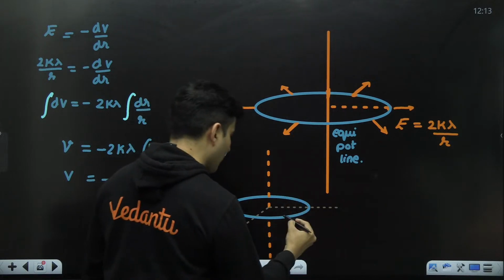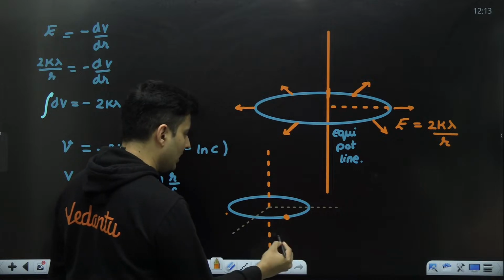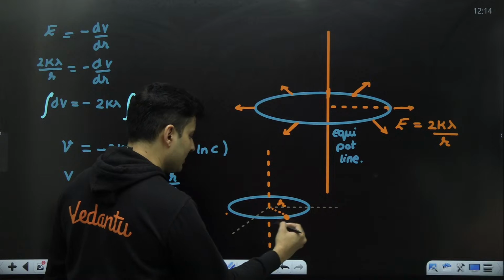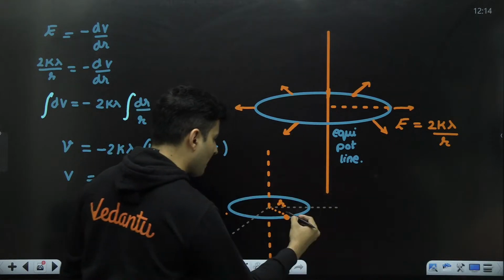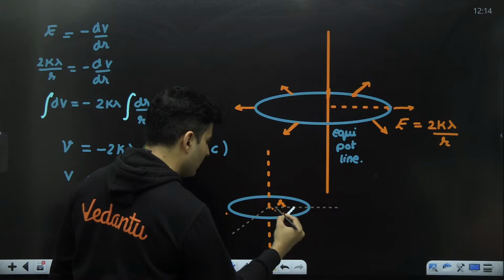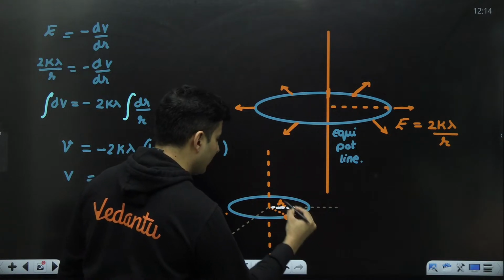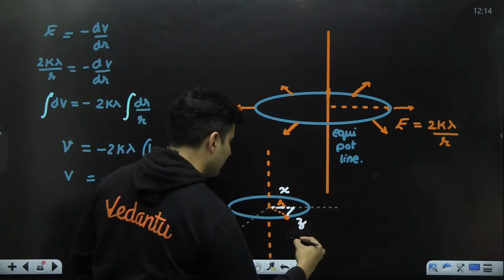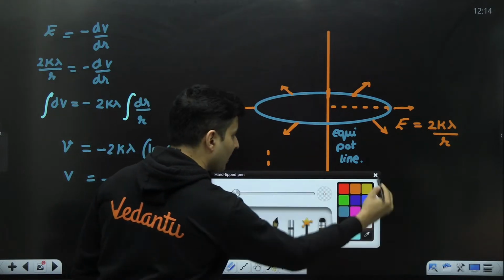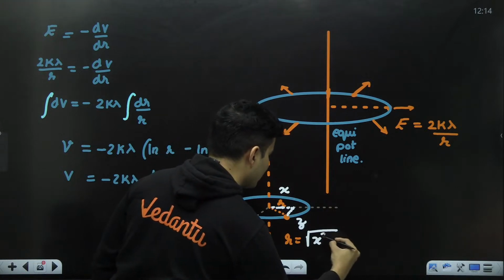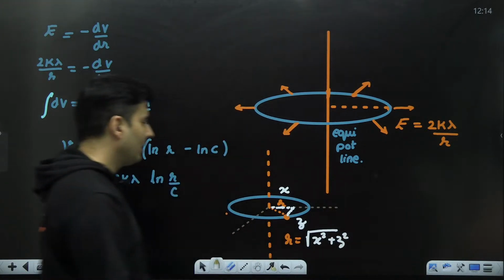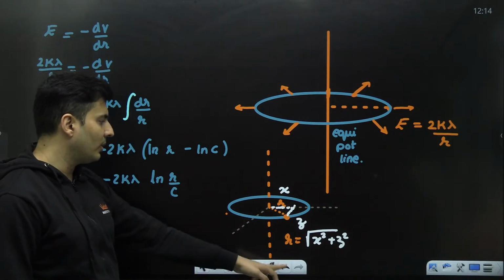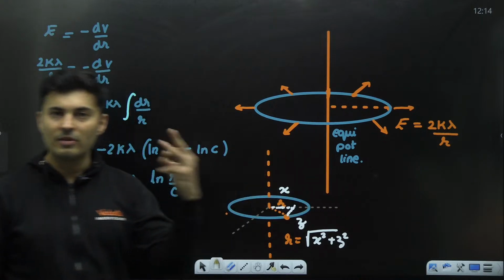For any point on that equipotential line, this distance is your r, and r can be found by Pythagoras theorem, because this is your x coordinate and this is your z coordinate. So r technically will be root of x square plus z square, the hypotenuse, for any point on that equipotential line.